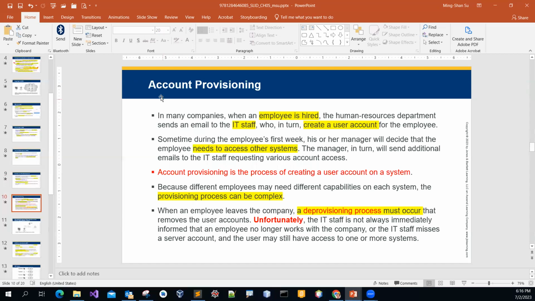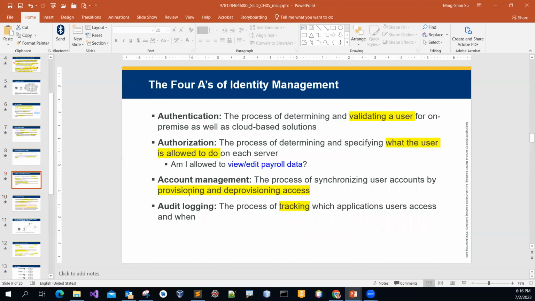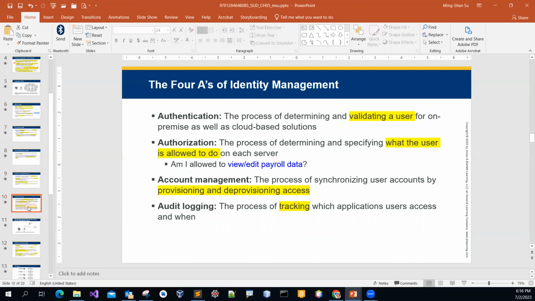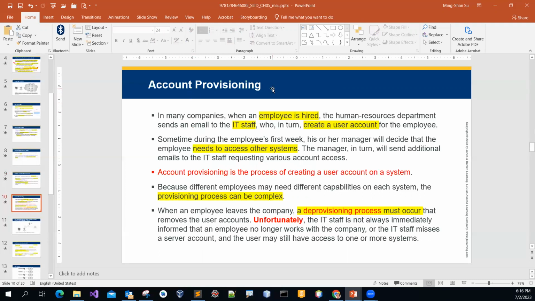All right, so let's talk a little bit more about account provisioning, because previously we mentioned provisioning and deprovisioning. So in many companies, when an employee is hired, the human resources department sends an email to the IT staff, who in turn create a user account for the employee.